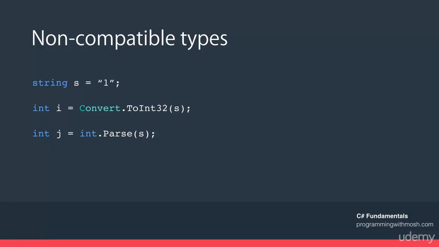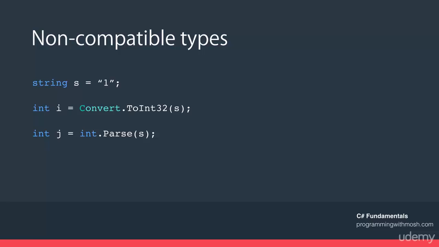The convert class is part of .NET Framework and is defined in the system namespace. It has a bunch of methods for converting various types to other types, and they all start with To. In this case, we're trying to convert s, which is a string, to an Int32. Int32, as you know, is a .NET Framework type, which maps to a C# integer type.